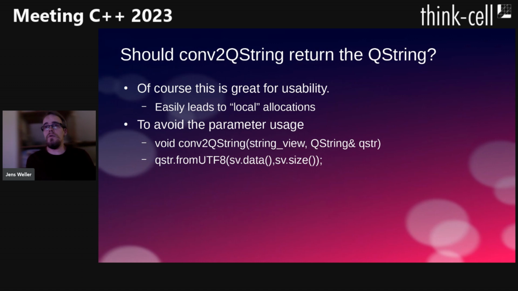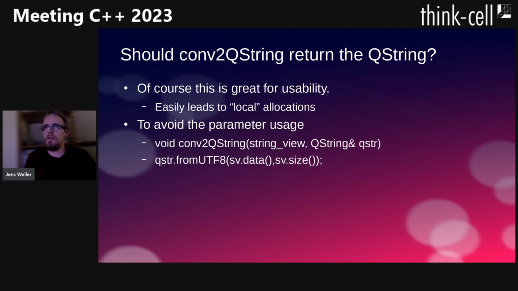Which brings you to the whole design question: should this function convert to QString, right? Should it return the QString? Of course, this is great for usability, but we have those local allocations, which we might avoid if we are able to reuse the QString, because it's reference counted. It would save us a lot of allocations and make the whole code better from a performance point of view.